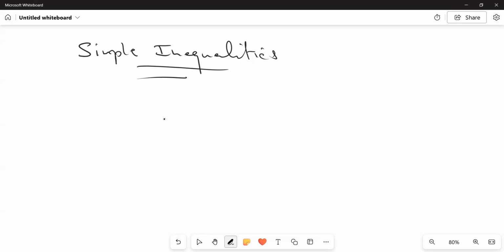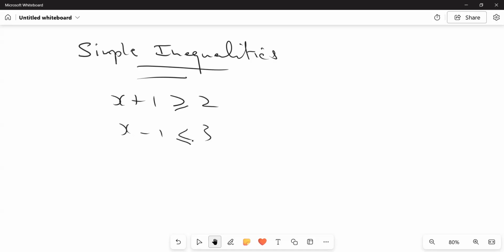You have, okay, x plus 1 is greater than 2, or x minus 1 is less than 3, or sometimes you have an equal sign here: x plus 1 is greater than or equal to 2, or x minus 1 is less than or equal to 3. You can see they resemble the types we were doing with equations just now, and they can get as complex as them.